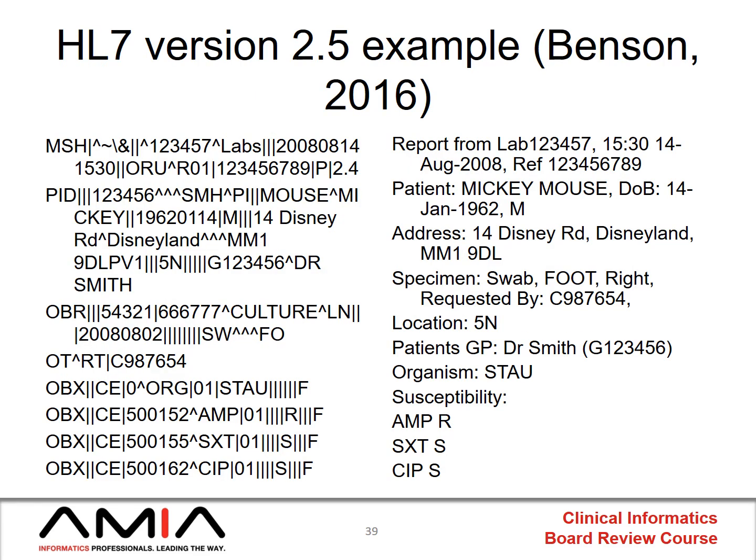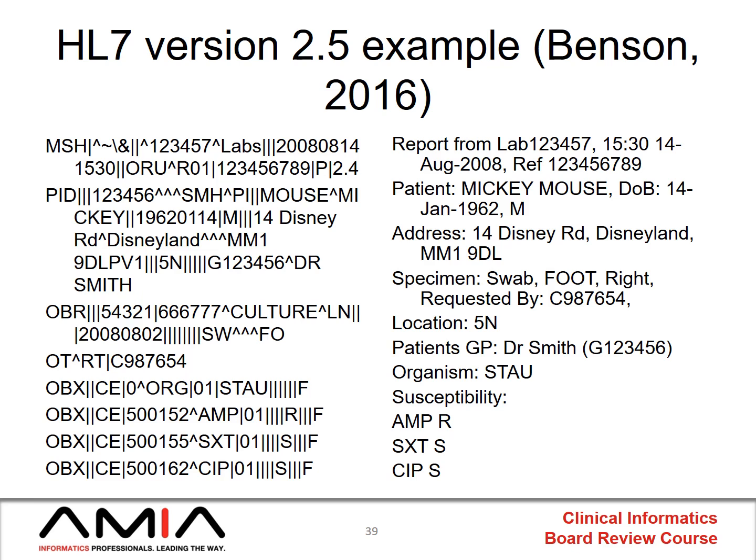Here's an example of an HL7 version 2 message. It happens to be in version 2.5, and this example comes from the Benson book, which shows the HL7 message on the left and its essentially English translation on the right. So this is a report from a lab about a test that took place on a certain date.